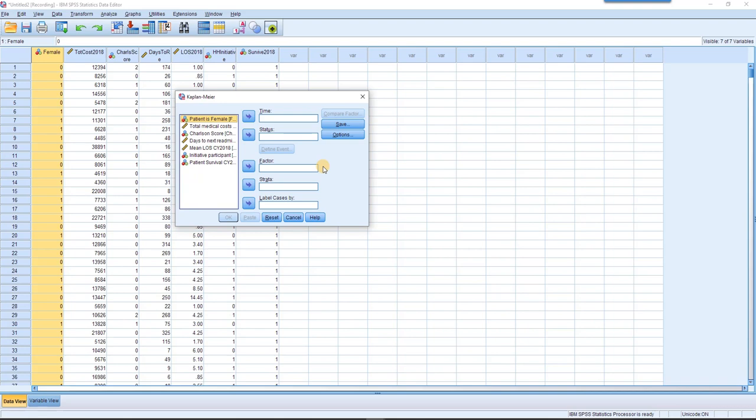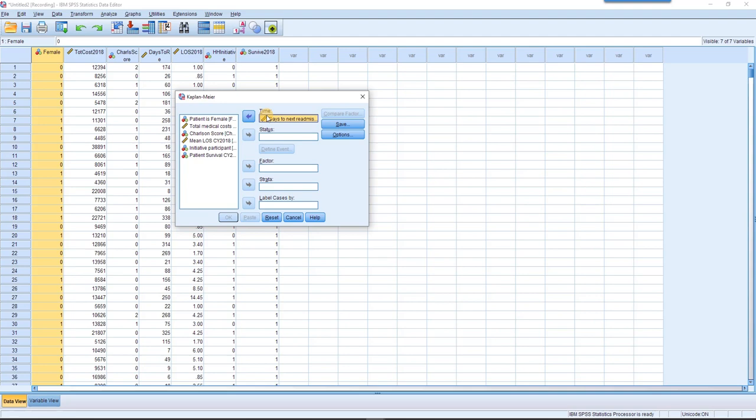So what is the time factor that we're interested in studying in our assignment here? And that would be the days until readmission for the patients who participated in the Healthy Hearts Initiative and the patients that didn't. So I will take my days until readmission variable, bring that up to my time.